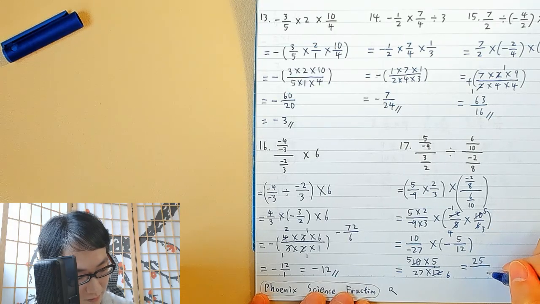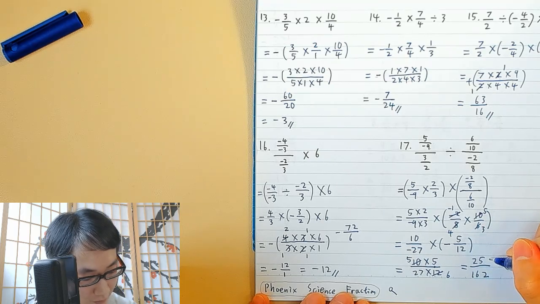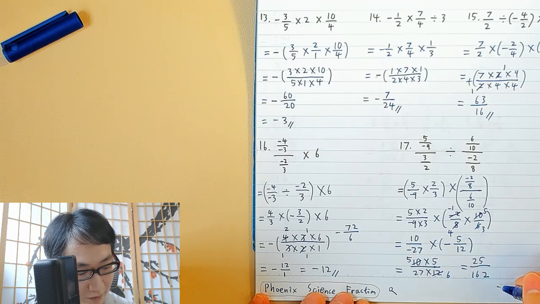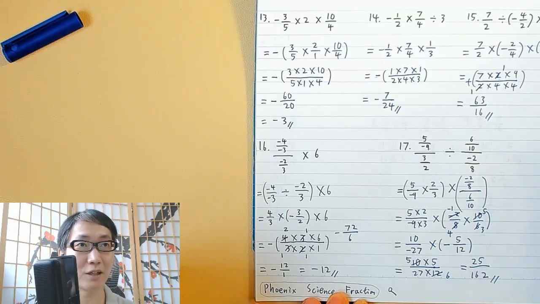So okay, 162. Yeah. Okay. So both of these don't have any common factors, so this is the answer. Okay. All right. So this is for the multiplication and division of fractions.